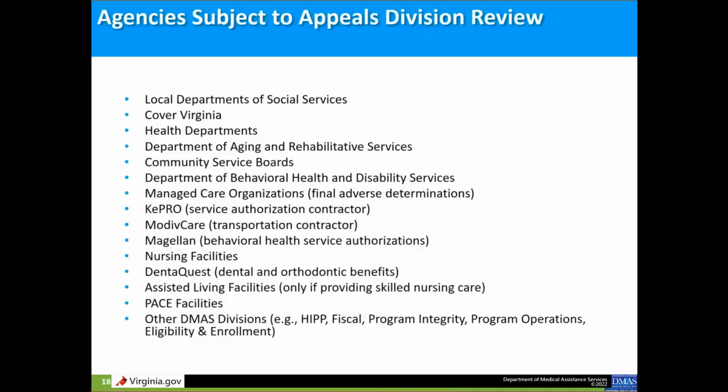The eligibility team also handles appeals from other DMAS divisions, including HIP determinations, emergency services denials, recipient audit unit and fiscal recovery actions, as well as undue hardship determinations. On the medical side, a significant portion of appeals come from local health departments, MCOs, and decisions from the Department of Behavioral Health and Disability Services.